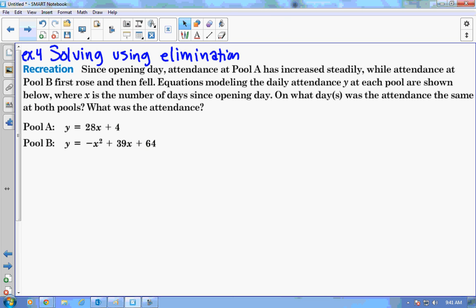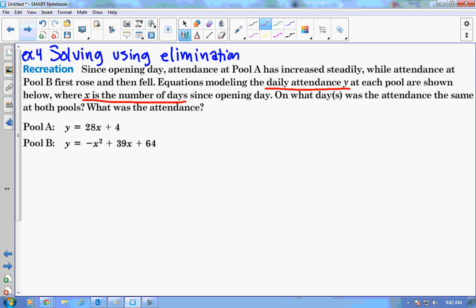Daily attendance. That would be something important to write down. Where x represents what? Keep reading. x is the number of days since opening day. So those would be two things to write down.